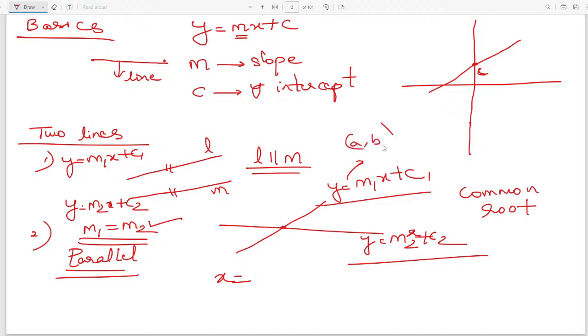When you put B for y and A for x here, and B for y and A for x here, they will have the same roots. They'll have common roots. X and y will have the same point because they are intersecting at a point. So this point, the intersection point, would satisfy both the equations.